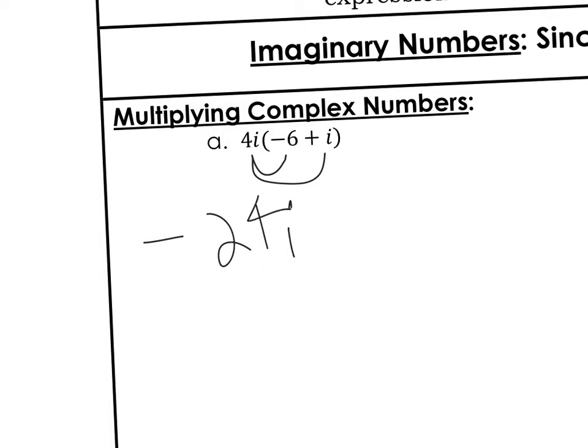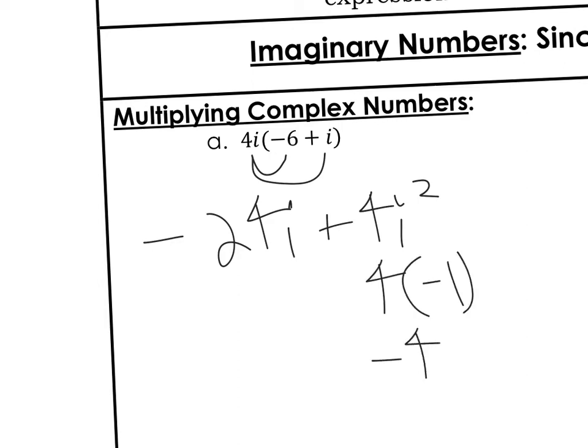And then I have 4i times i, so that's 4i squared. So we're going to turn the 4i squared into 4 times -1, which makes this -4. So I'll just bring down the -24i. And so instead of saying plus -4, I'll just say -4.